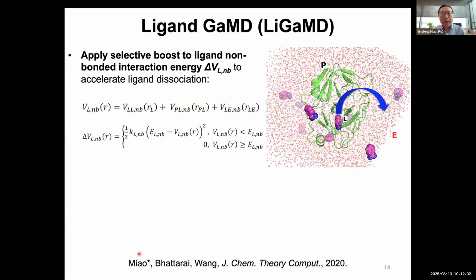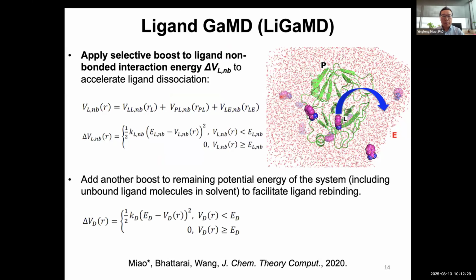Because I use LiGaMD to study ligand binding today, I will tell you more details here. In LiGaMD, the basic idea is to add a selective boost on the ligand. This is for the non-bonded interaction energy between the ligand and the receptor, like the protein. With this boost, we can push out the ligand and speed up the ligand dissociation.